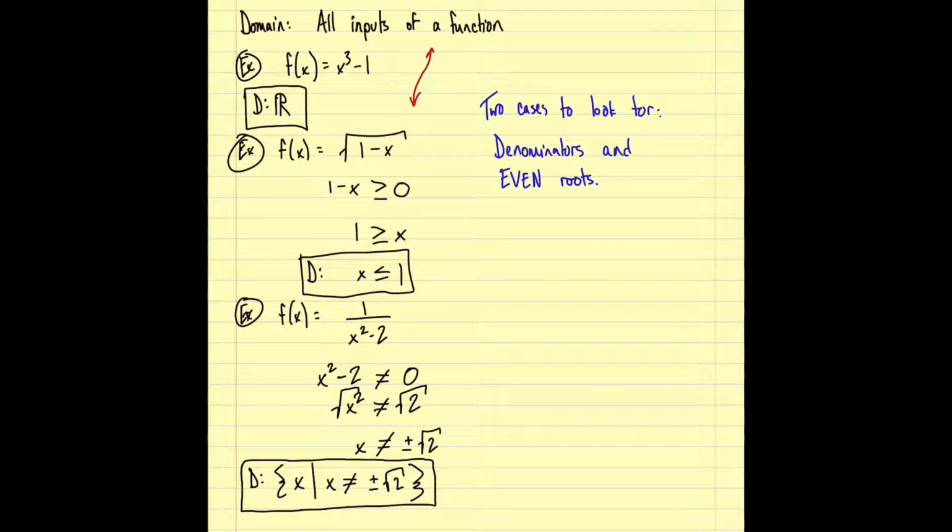And what I mean by even roots, if you look at the second example, this would be a 2, right? So 2 is even. If that number is a 4th root, 6th root, 8th root, those are ones you have to check. If it's an odd root, you don't have to check it because you can plug in anything into odd roots.